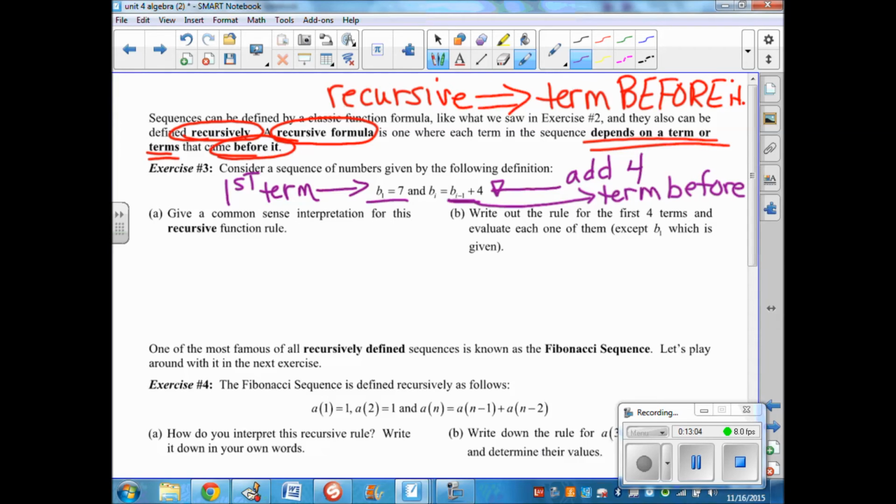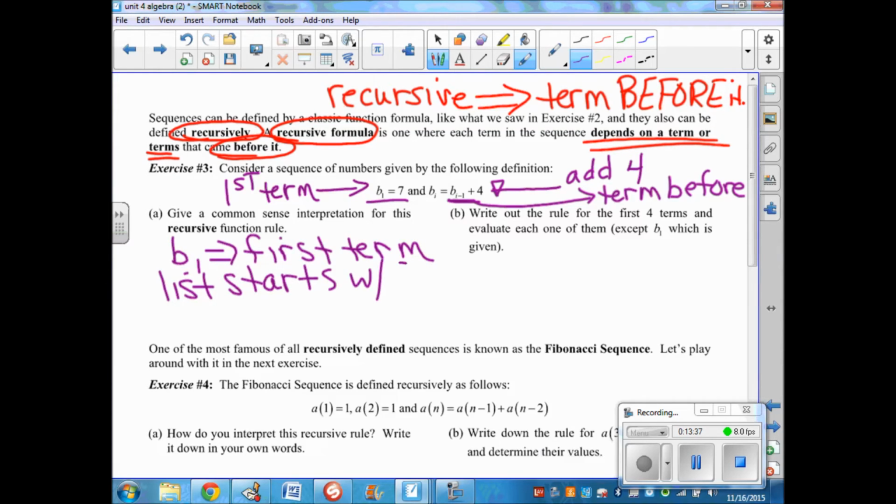It says, give a common sense interpretation for this recursive function. We kind of just did that. So that b sub 1 is our first term, meaning our list starts with 7.